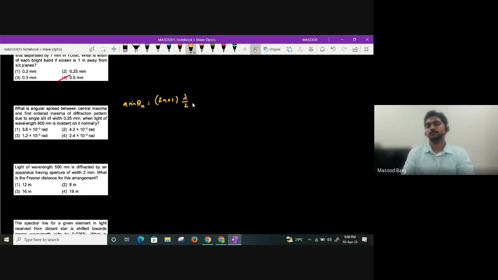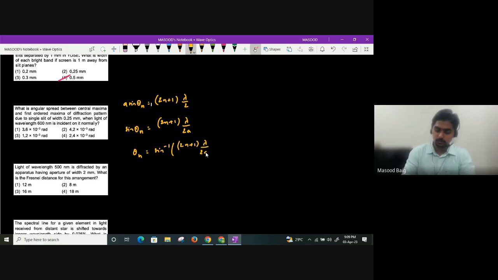So sine theta n will be (2n plus 1) into lambda divided by 2a. The angular position of nth secondary maxima is sine inverse of (2n plus 1) into lambda divided by 2a.